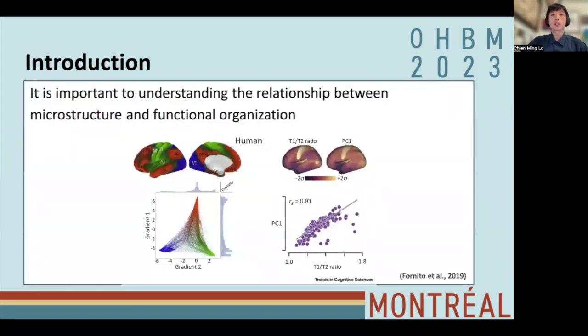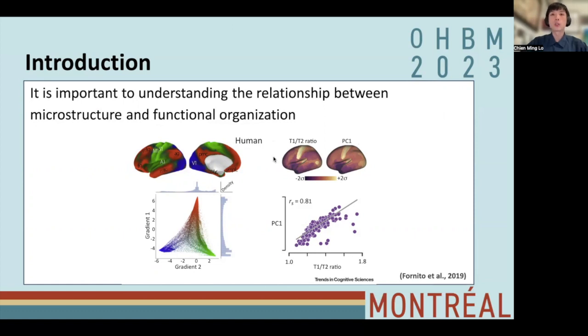To better understand how the brain functions and processes information, it is essential to unravel the intricate relationship between its microstructure and the overall function. Previous studies have described a robust functional hierarchy that situates different cortical regions along a unimodal to transmodal axis.